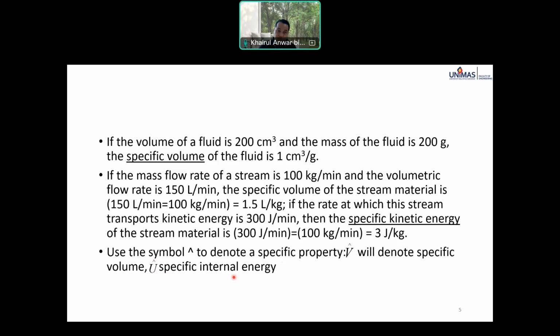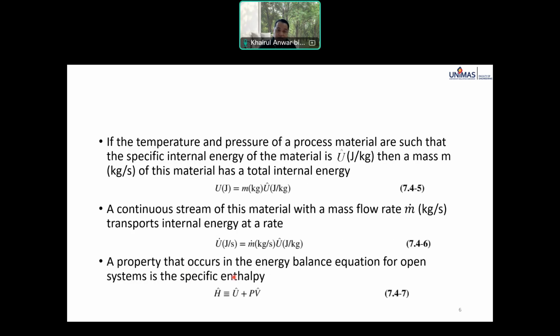In this case, it's over mass. If the temperature and pressure of the processed material are such that the specific internal energy is Û in joule per kg, then a mass flow rate ṁ in kg per second of this material has a total internal energy rate of U̇ equal to ṁÛ.